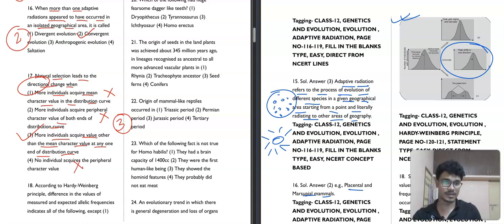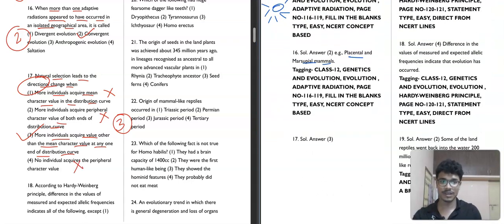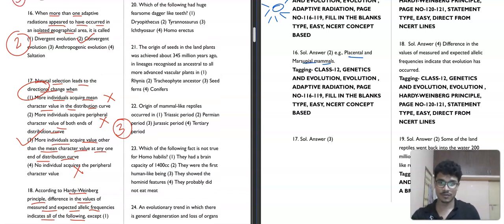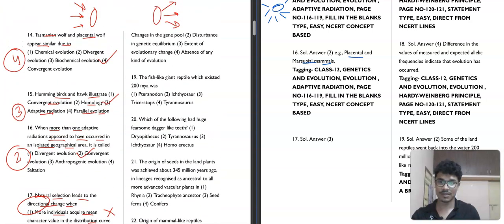Then question number 18. It is saying that according to Hardy-Weinberg principle, a difference in the values of measured and expected allelic frequency indicates all of the following except. So, you need to think. First is change in gene pool.